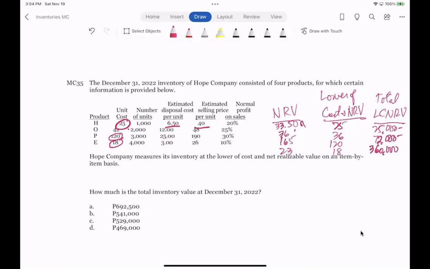And 18 times 4,000. So that is 72,000. Therefore, we have 25 plus 72 plus 360 plus 72. Your inventory value is 529,000.